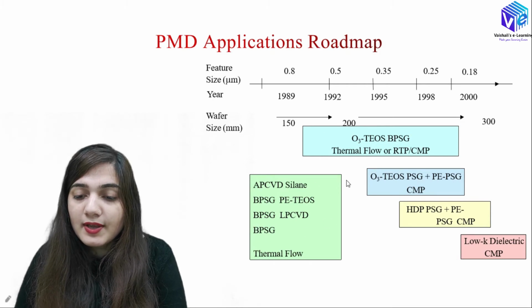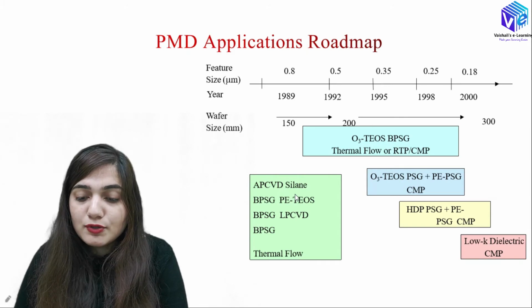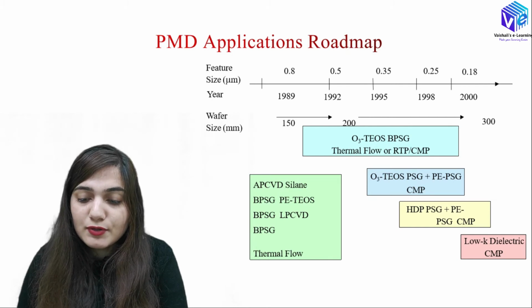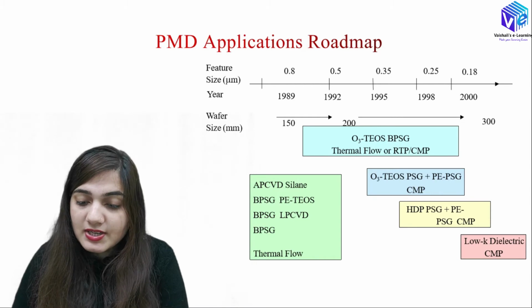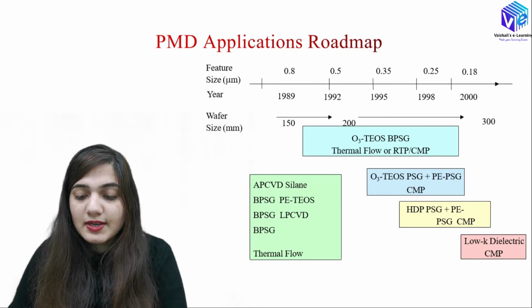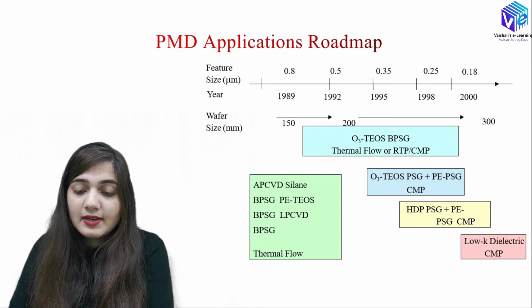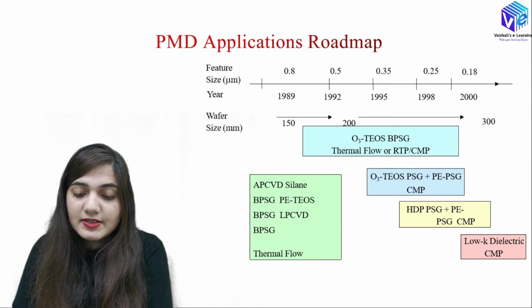In the initial time we were using atmospheric pressure CVD, using silane and borophosphosilicate glass, and we were using PETEOS and BPSG with LPCVD as well. So we were using plasma enhanced TEOS, BPSG as the material, and low pressure CVD as well.